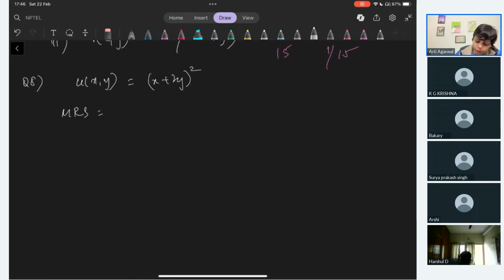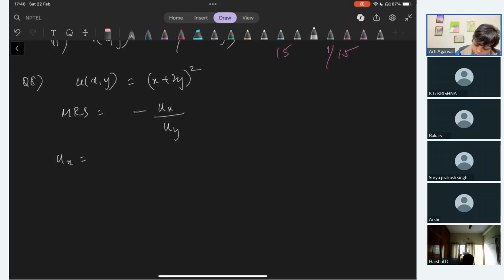MRS is nothing but minus marginal utility with respect to x upon marginal utility with respect to y. So how do we calculate marginal utility? We just take a partial derivative. So you're going to be using a lot of calculus in this part and in some other parts of the course as well. So let's calculate marginal utility.